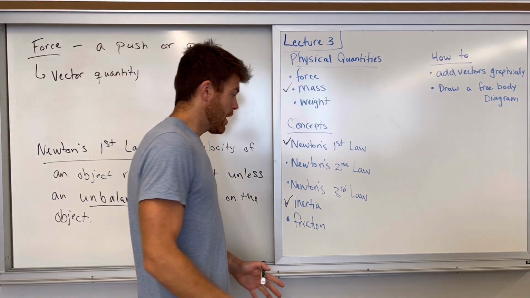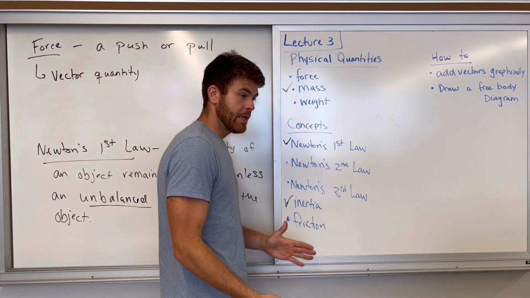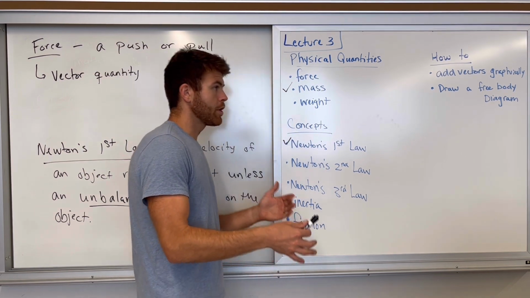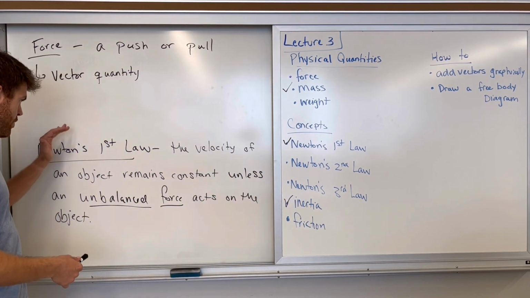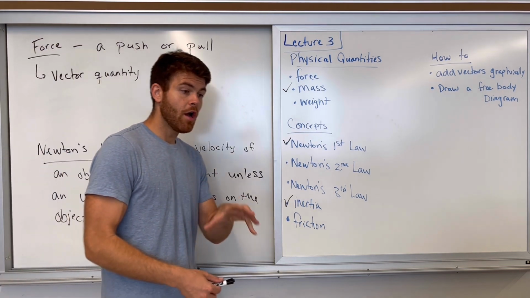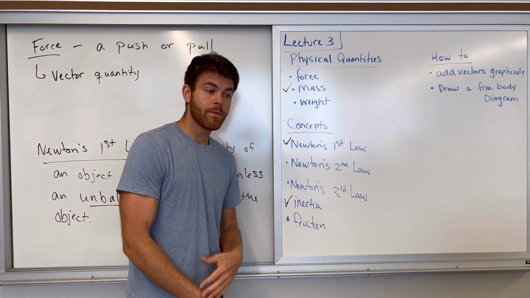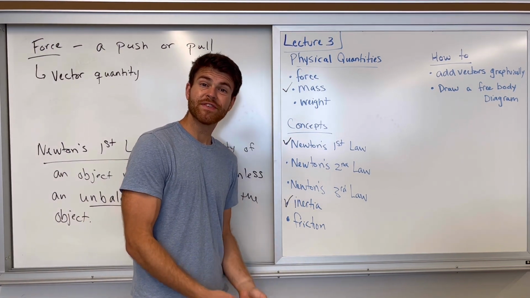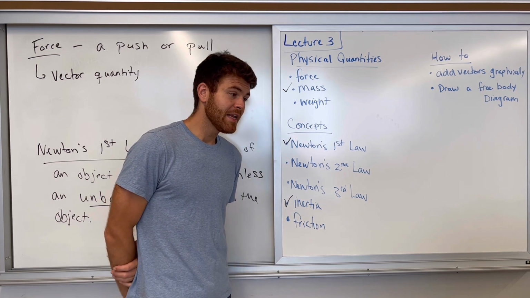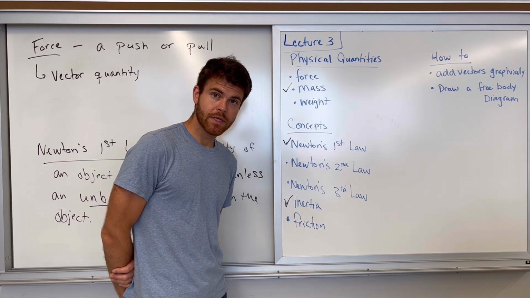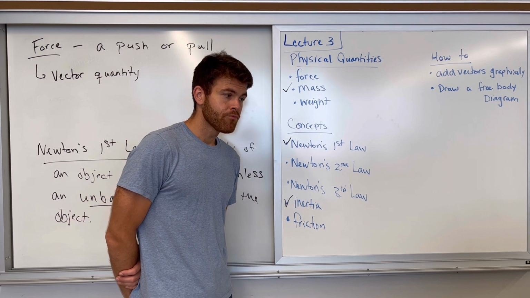And so when we go back to Newton's first law, it says an object's motion will remain unchanged. Basically, its velocity will remain constant unless an unbalanced force acts on the object.